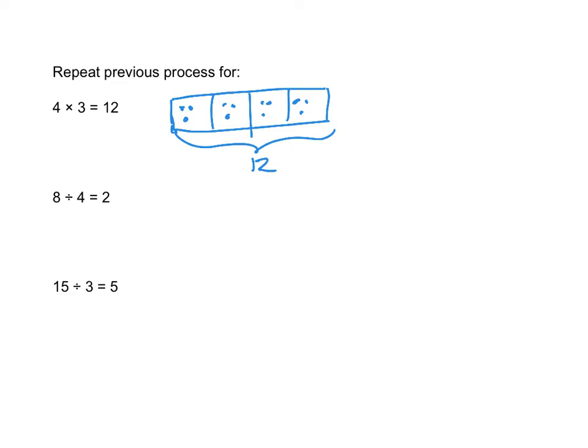The next sentence they give you there is a division sentence. 8 divided by 4 equals 2. So 8 is what? 8 is going to be our total, right?